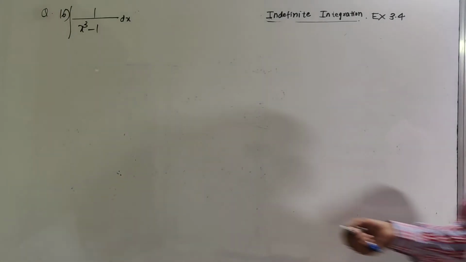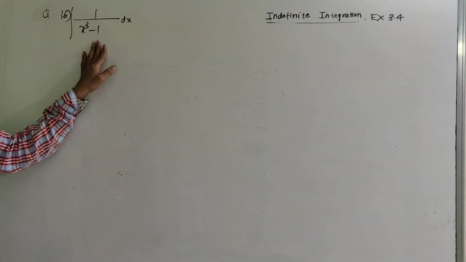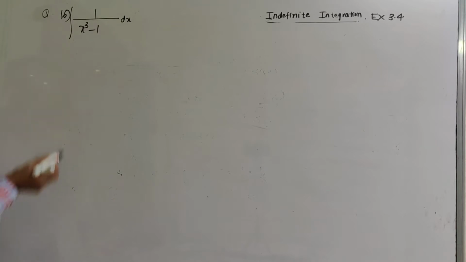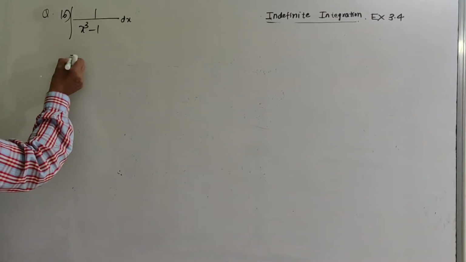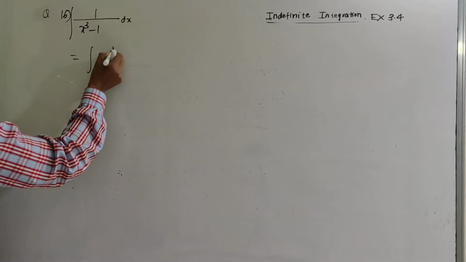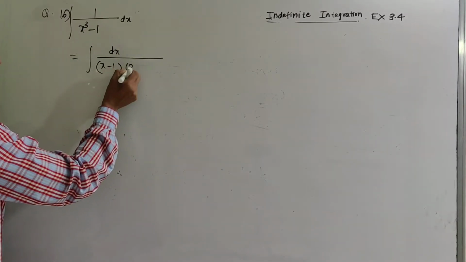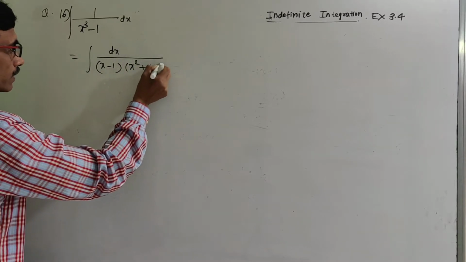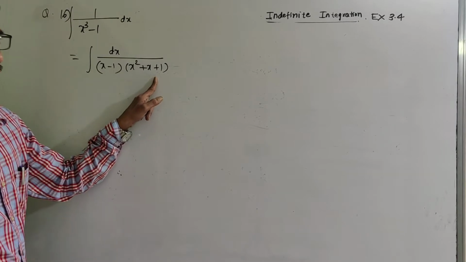question number 16, I wrote 1 minus x cube instead of x cube minus 1. So we begin with question number 16 again. Integral dx upon the factors of x cube minus 1: x minus 1 and x square plus x plus 1. These are the factors. Now this factor is a quadratic factor.